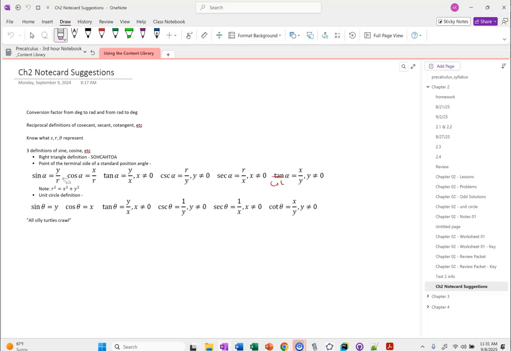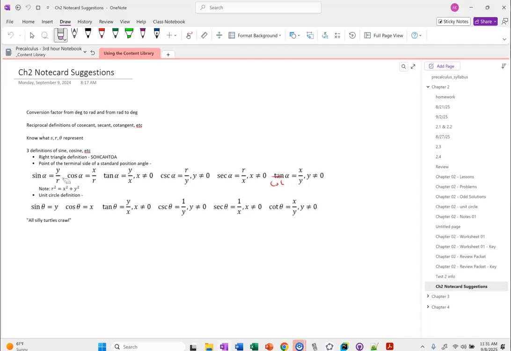So once you have your name on it, I would include one other thing. I would write down on this thing that cosine equals x, sine is equal to y, and tangent is equal to y over x. Can you repeat that, please?